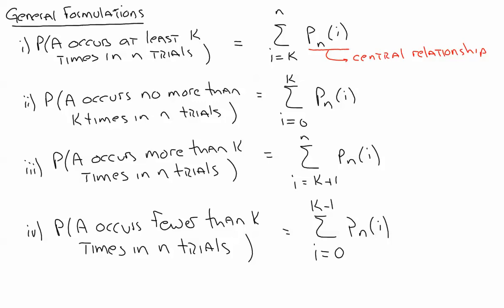So, our central relationship allows us to calculate the probability that A occurs exactly k times in n trials. But by using some simple summations, we can calculate the probability that A occurs at least k times, no more than k times, more than k times, or even fewer than k times in n trials. Should be pretty straightforward from there.